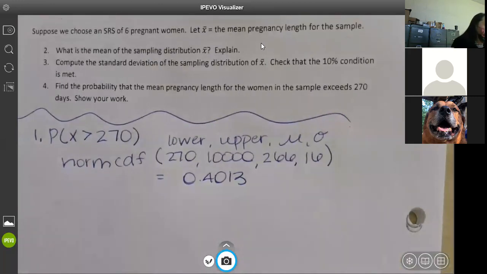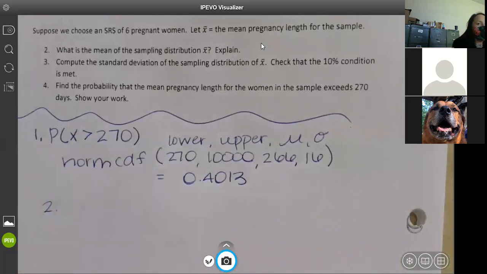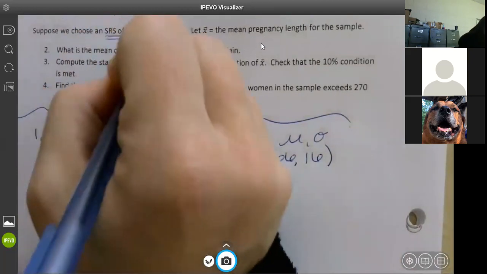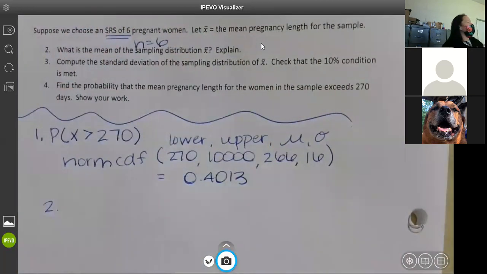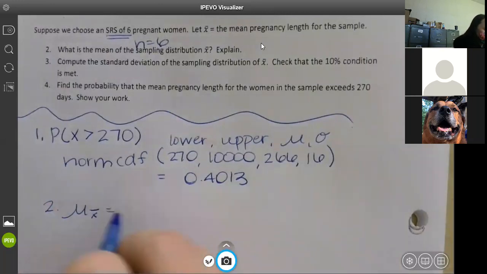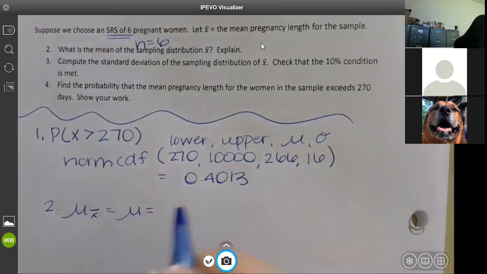Then it says, suppose we choose an SRS of 6 pregnant women. Let X bar equal the mean pregnancy length for the sample. So number 2, we're doing an SRS. SRS of 6 means that n equals 6. So we're throwing a new number in there, so that's how you know it has to change. What do we know about the mean of the sample? It's the same as the mean of the population, which is?